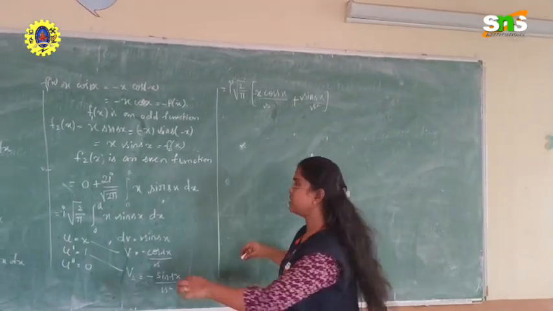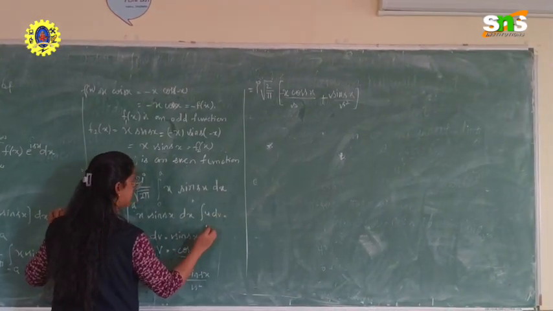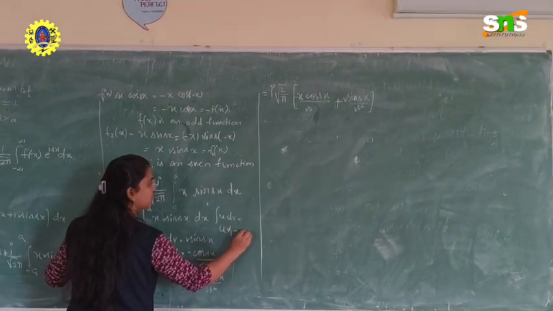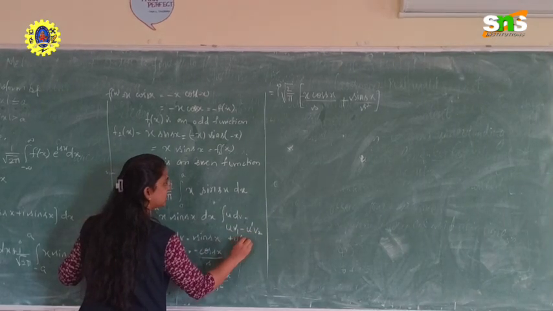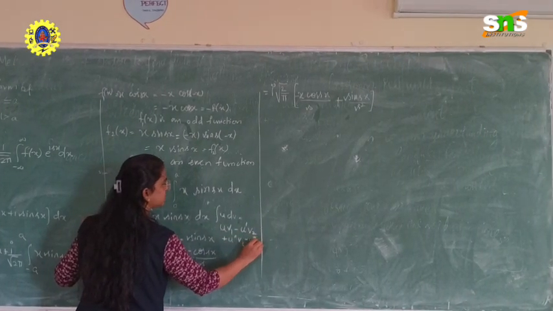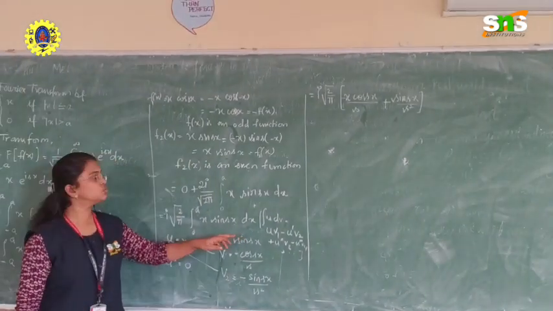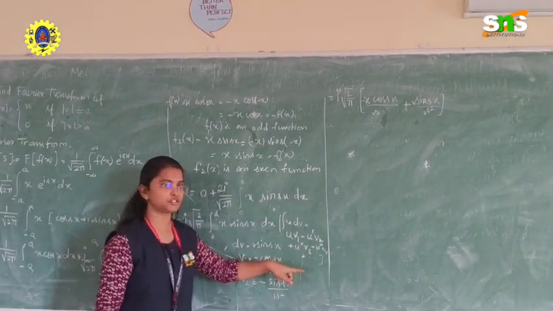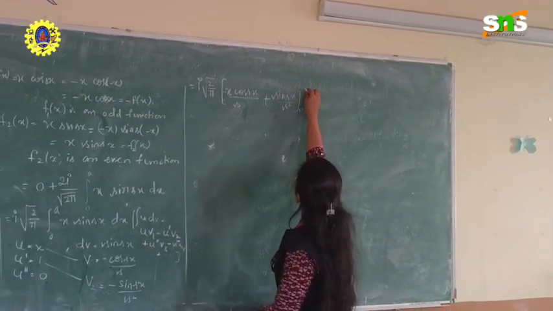So you know the formula, right? The integration of u dv is equal to u v1 minus u dash v2 plus u double dash v3 minus u triple dash v4, and so on. So this is the formula to integrate the product of two different functions, right? The limit is 0 to a.